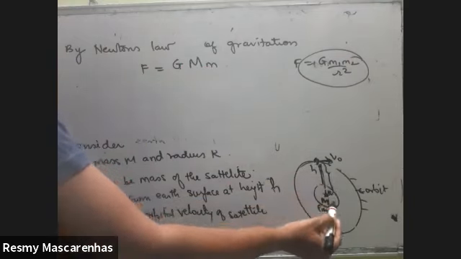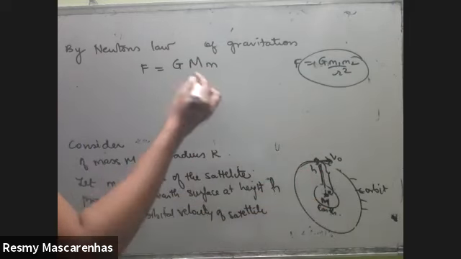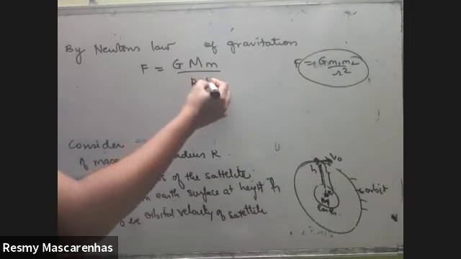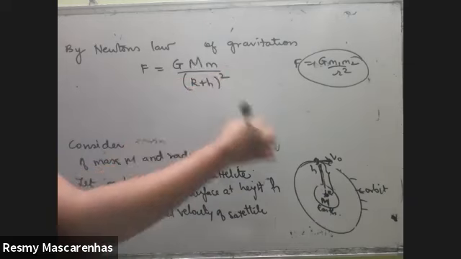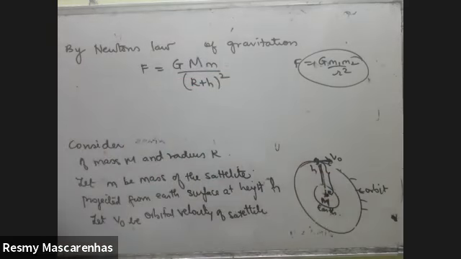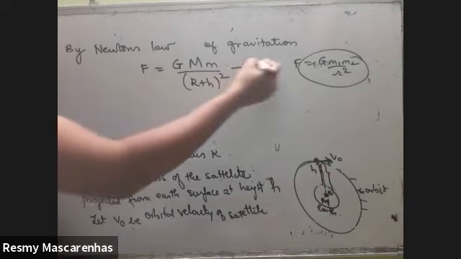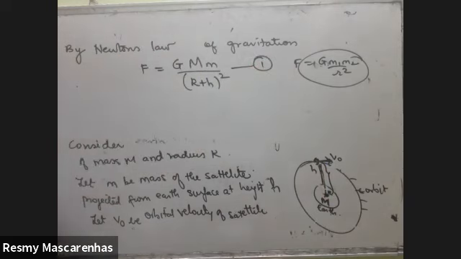So if you measure total from the center to here, it is nothing but r plus h, total distance from here to here. That will be equation 1.